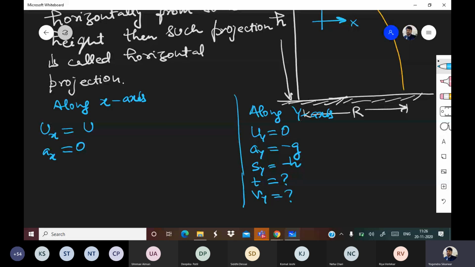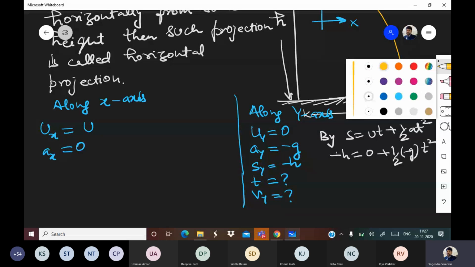So by S is equal to ut plus half at square. Now Sy is how much? Minus h is equal to uy is 0 plus half ay, which is minus g, into t square.